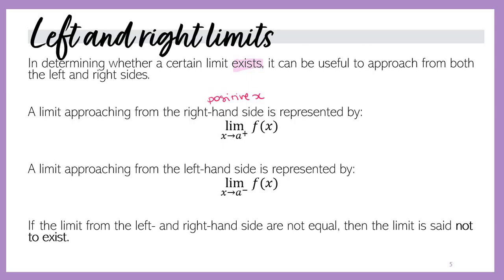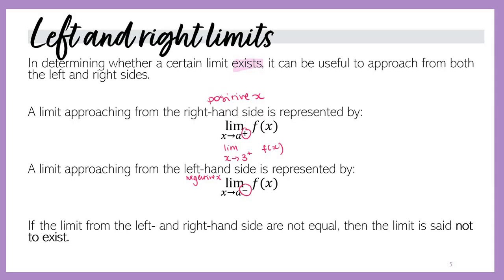And we represent that using a little plus on the number. So if we were approaching 3, we would write x approaches 3 with a little plus, and then f of x. If we are approaching from the left-hand side, that is your negative x side, and so we use a little minus to represent that.